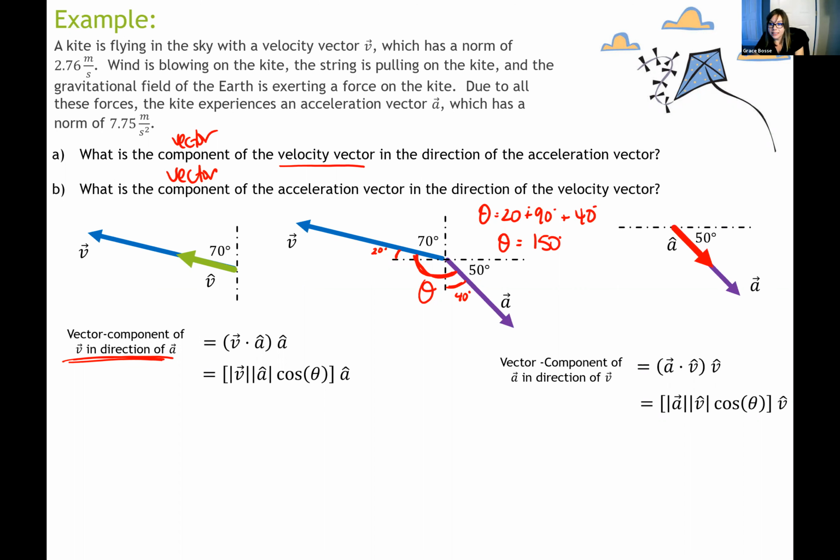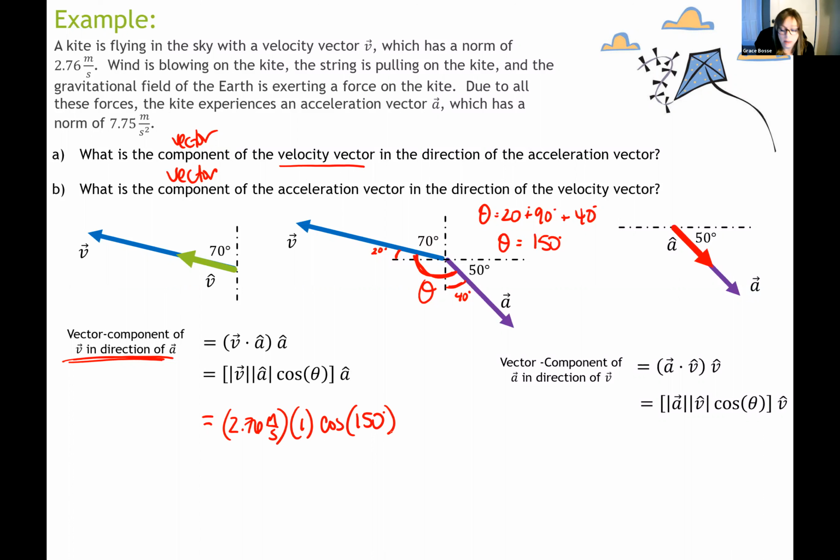Now that I have identified angle theta, I can plug that into my expressions here. I can also use the definition of the norm of a unit vector. I know the norm of the velocity vector was 2.76 meters per second. The norm of unit vector A is just the number 1. And then I have the cosine of 150 degrees.